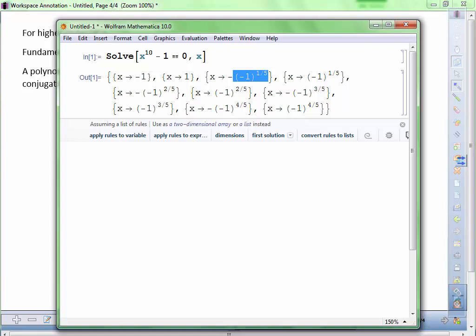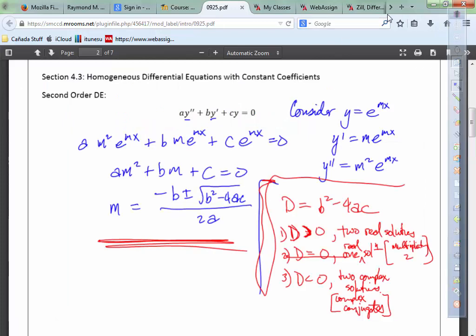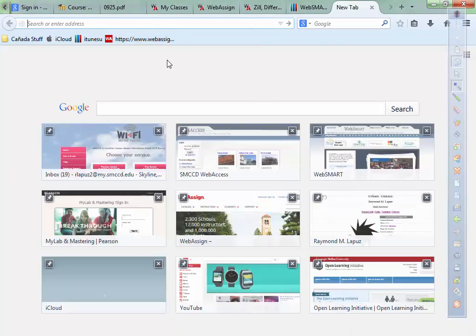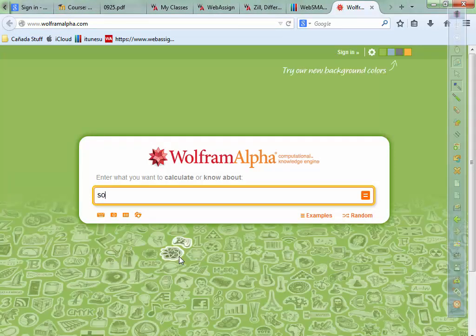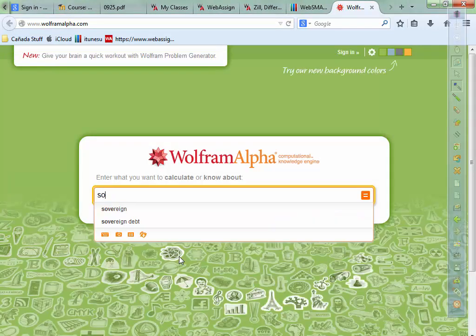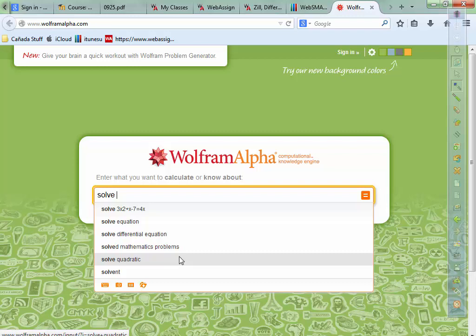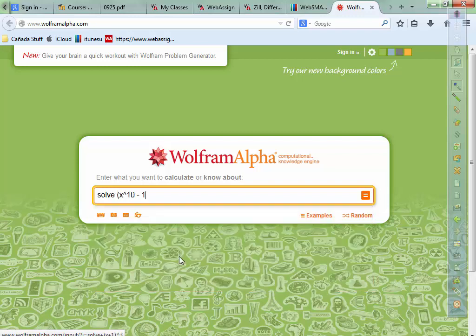Let's ask Wolfram Alpha. I think it gives us more information. Solve x to the 10th minus 1 is equal to 0, solve for x.